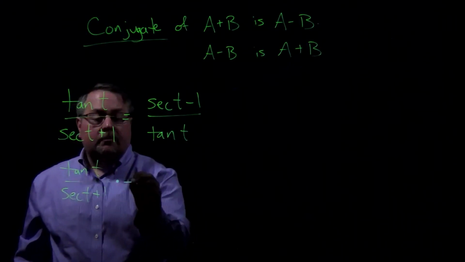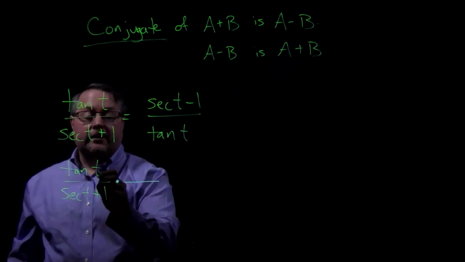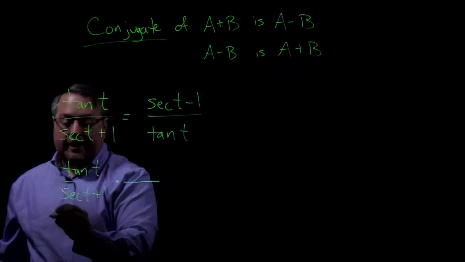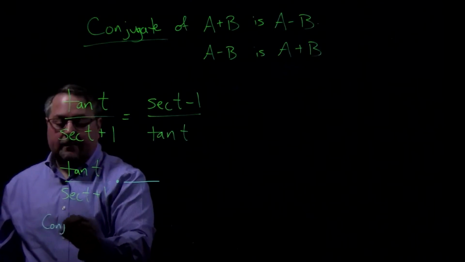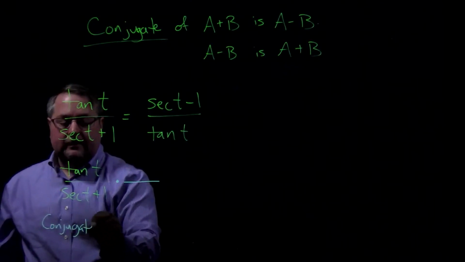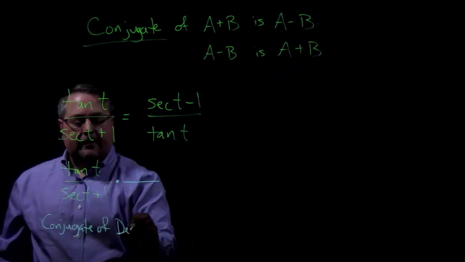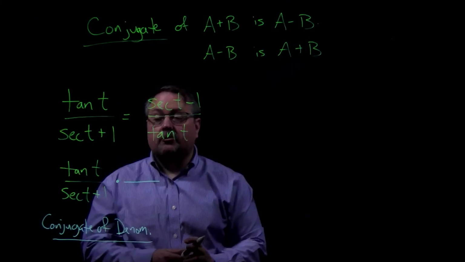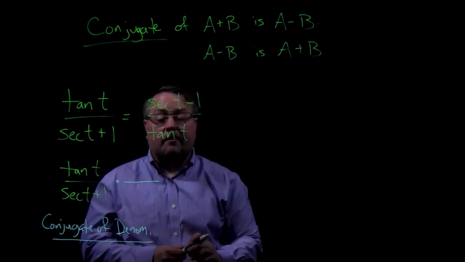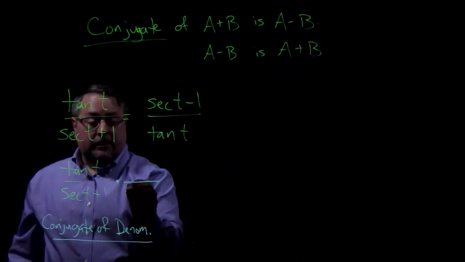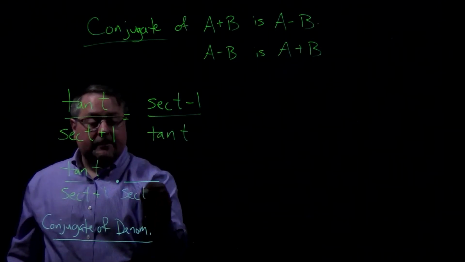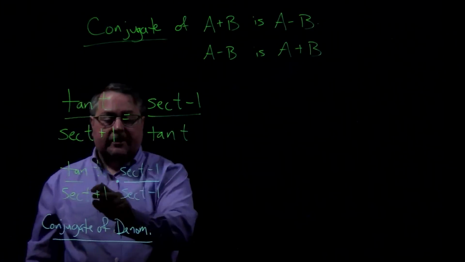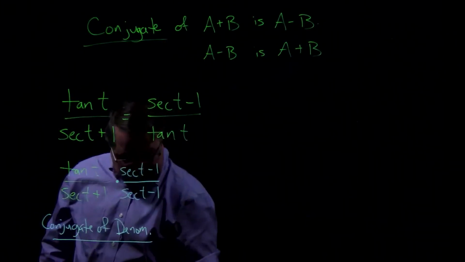So what we'll do to try to simplify this is multiply the top and bottom by the conjugate of the denominator. This is something we can always try if we have a sum or difference in our denominator. So the conjugate of our denominator will be secant of t minus 1. We just change that plus sign to a minus sign.